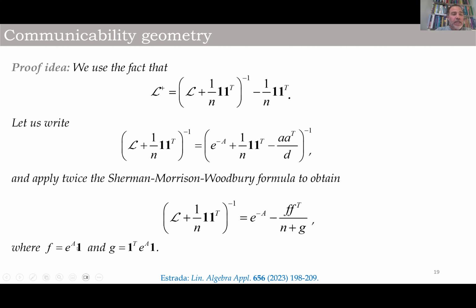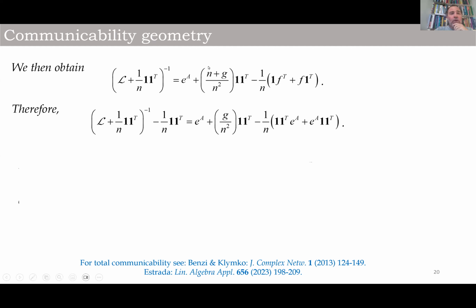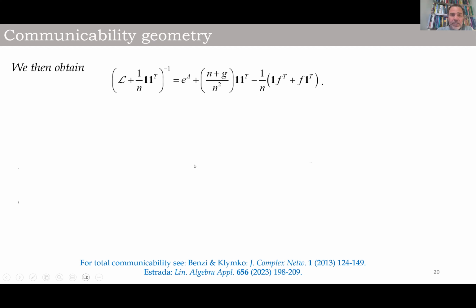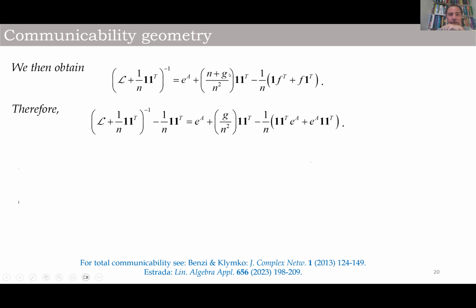now expressed in terms of the exponential of the adjacency matrix, not of the negative of the exponential. Then we can obtain this term here written in this more extended way, and we finally obtain the expression for the whole term that is in this expression, which is just this term over here.